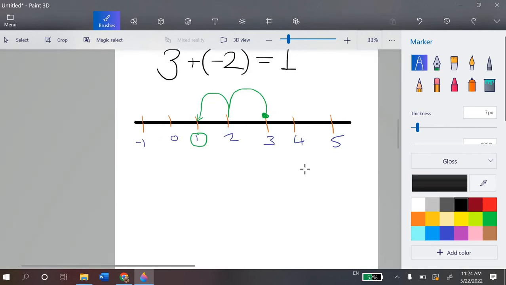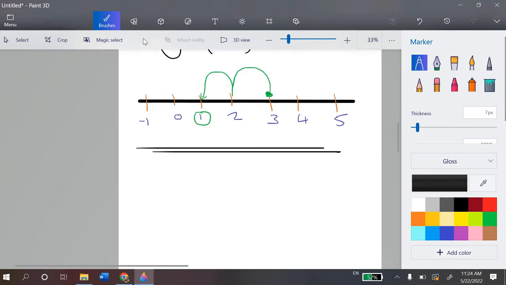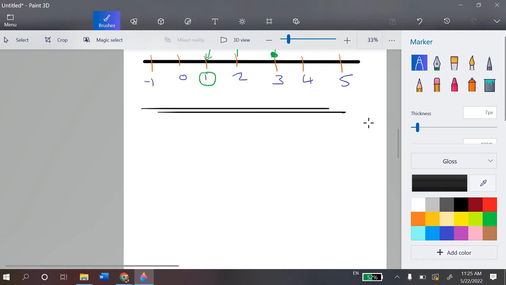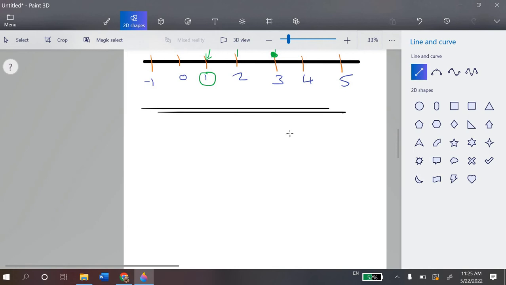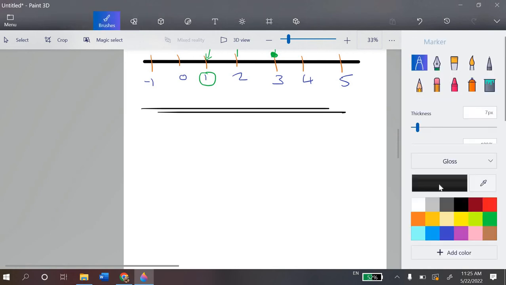Okay, let's try another one. What number shall we go for?